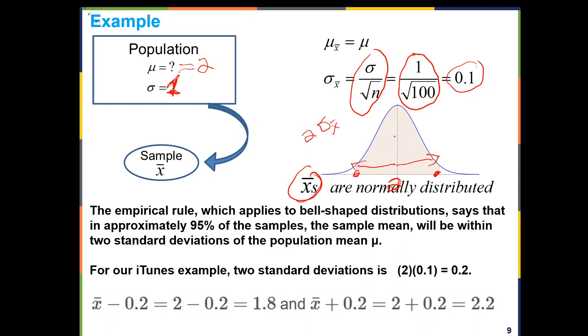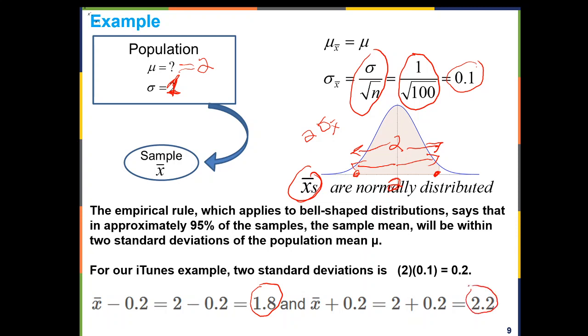So we have to go to the right of 2 by 2 times 0.1, which is 0.2, and to the left by 2 times 0.1. That puts us at 1.8 and 2.2.